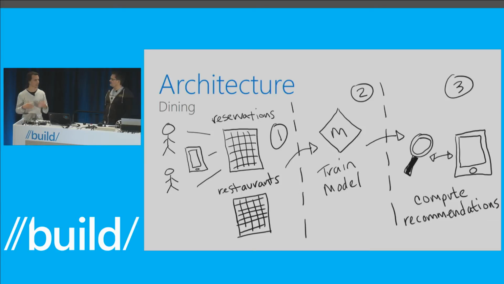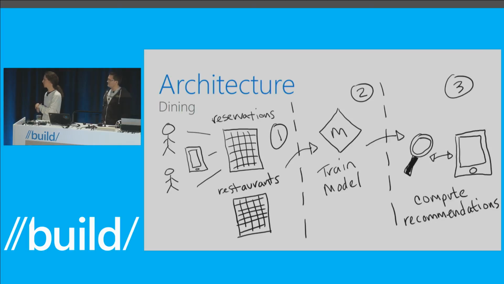Second step is we'll take the information and train another model. In this case, this is a recommendations model. So it's a different kind of machine learning model, but the pattern still applies. There's a bunch of iterations, some tuning, and then you have a model that you can use moving forward. And then the third step is, usually you don't want to run these models at runtime. This is true for most of these.